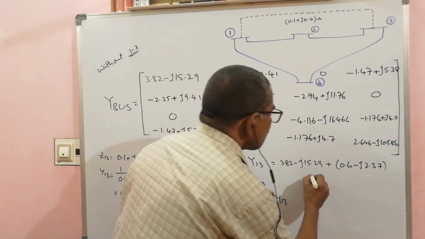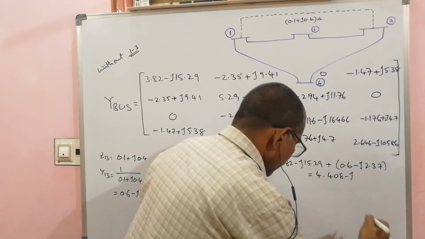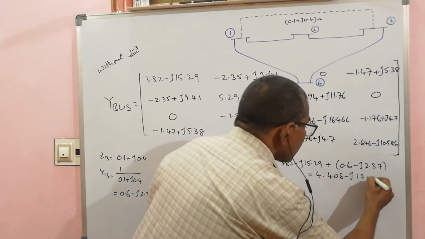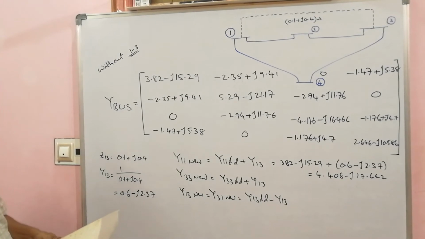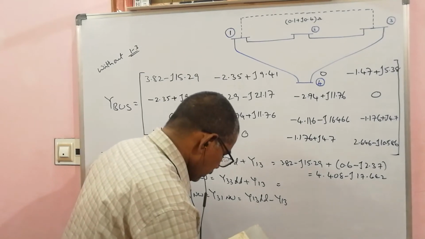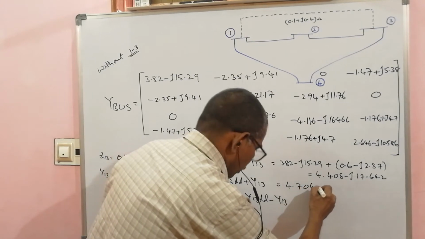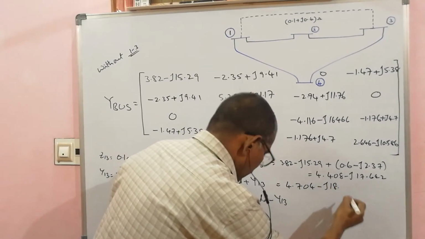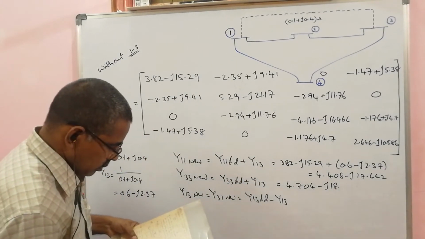So which is 4.408 minus j17.64. Next, similarly Y33, if you do that, you will be getting 4.704 minus j18.818.